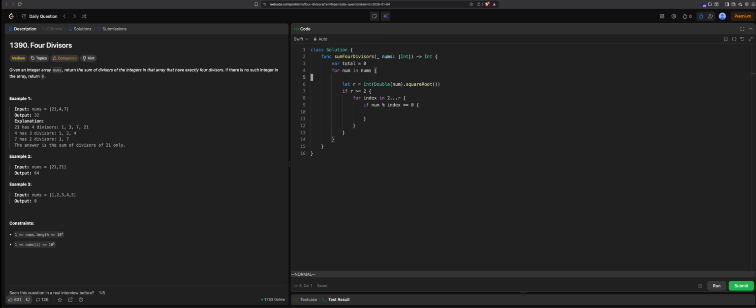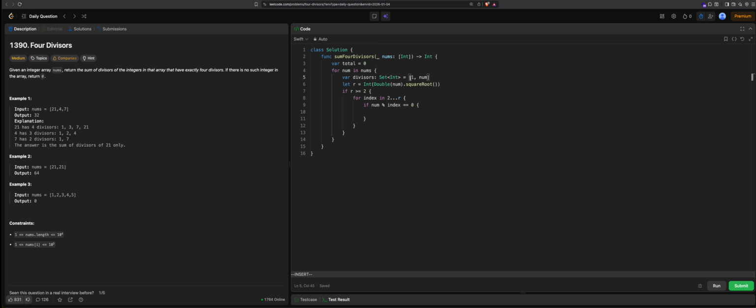We can keep track of our divisors. Let's call it divisors. How about we use a set, so we have O(1) operations. Originally let's put in 1 and num, since 1 and the number itself are divisors of every positive integer.